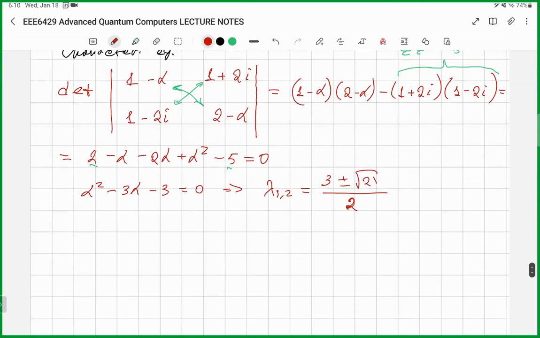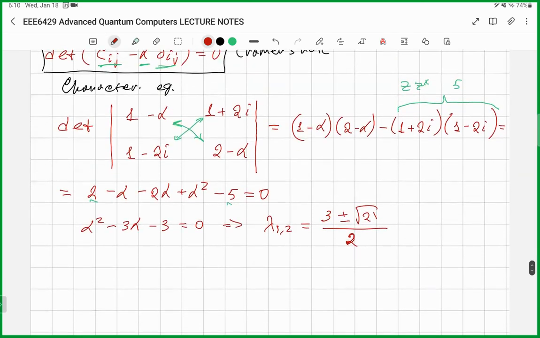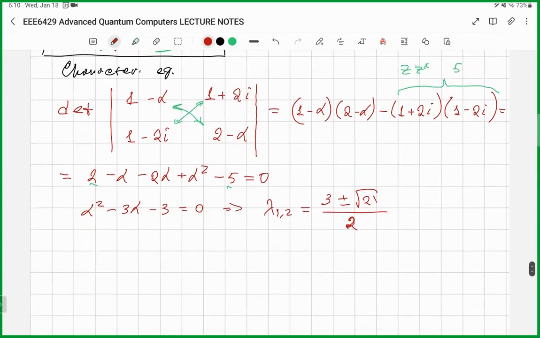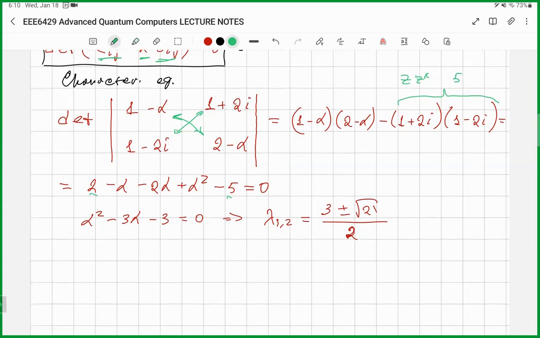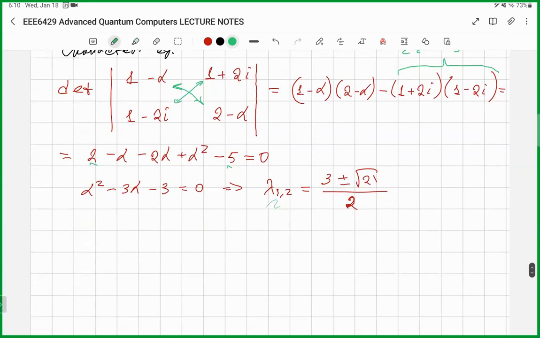So first of all, I noticed that I've got two values because my matrix is 2 by 2, so I expect to get two eigenvalues for my matrix. And even though my matrix has complex valued components, the eigenvalues are real values.